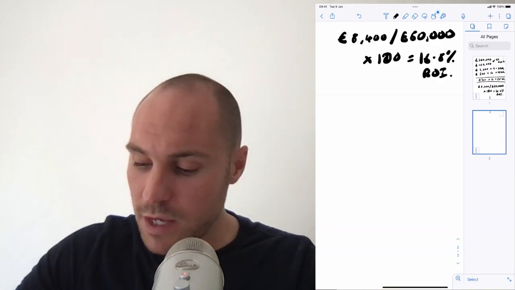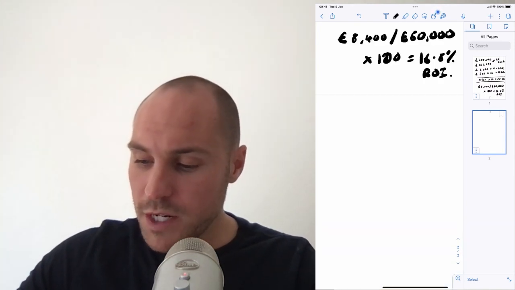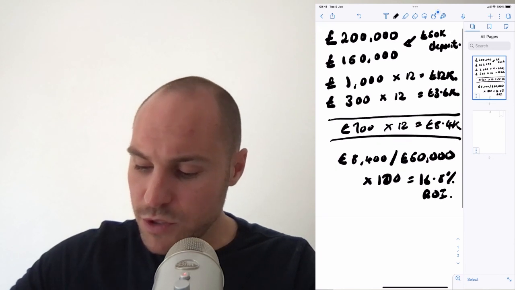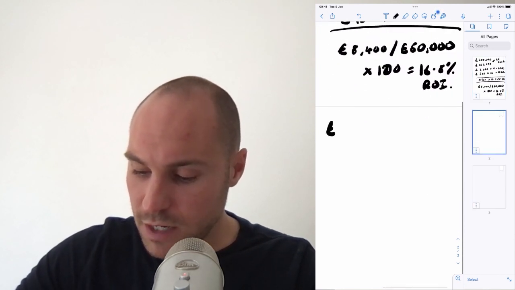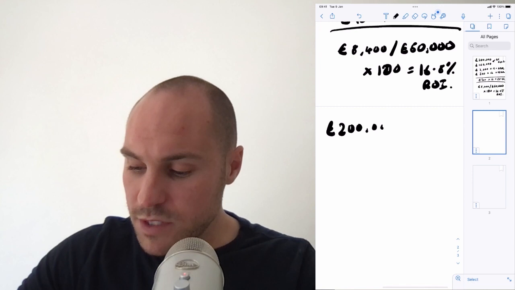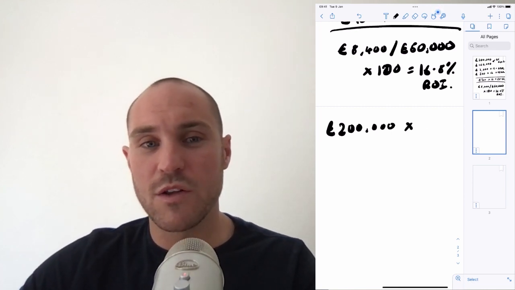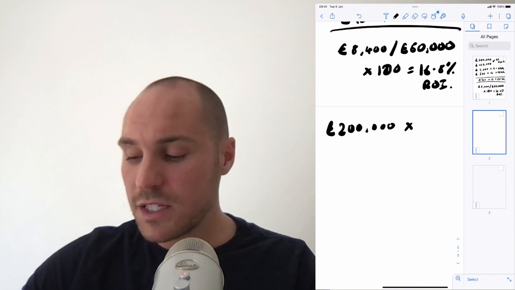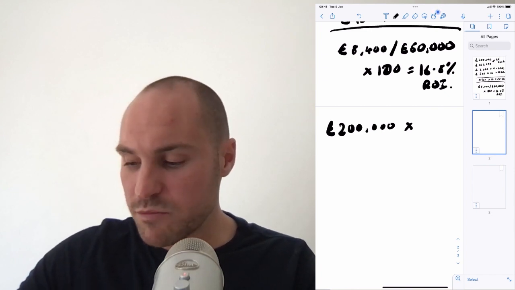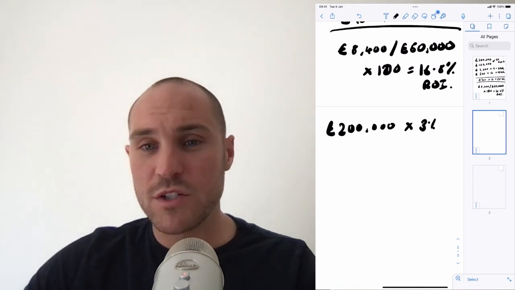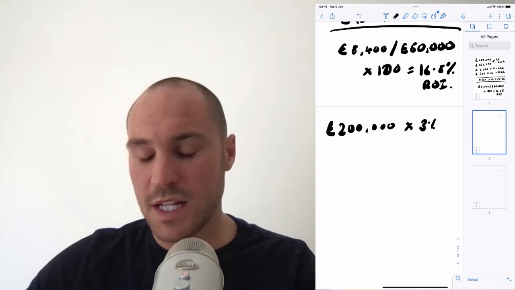So in this example, we're going to take the 200,000 pounds and times that by an appreciation value. That appreciation value is the value that we think the property is going to go up by. So let's say we think the property is going to go up by 3% in the next 12 months.